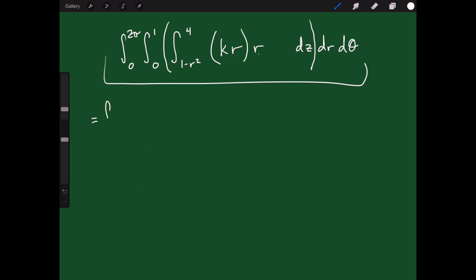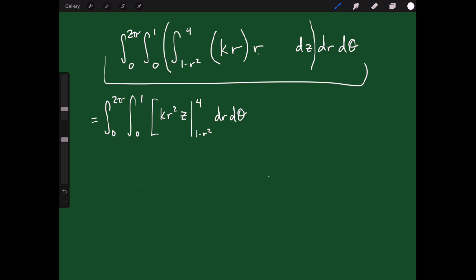So this is just going to be the integral from 0 to 2 pi, integral from 0 to 1, of kr squared. And then when I integrate with respect to z, I'm going to pick up a z evaluated from 1 minus r squared to 4, dr d theta.